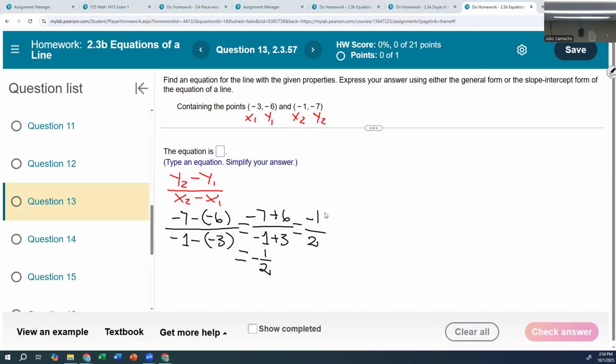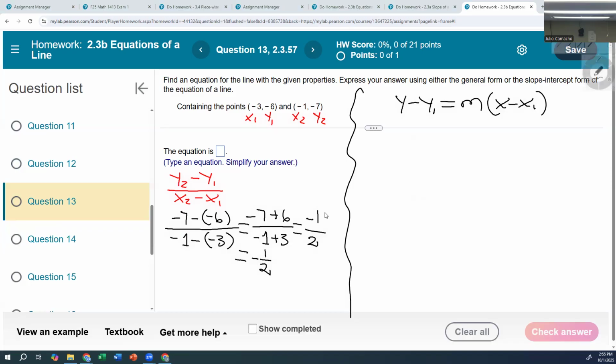So now what you have to do is use one of the points and the other formula. The other formula is the point slope: y minus y1 is equal to m times x minus x1. So we know the slope, which we apply in this formula, -1/2.